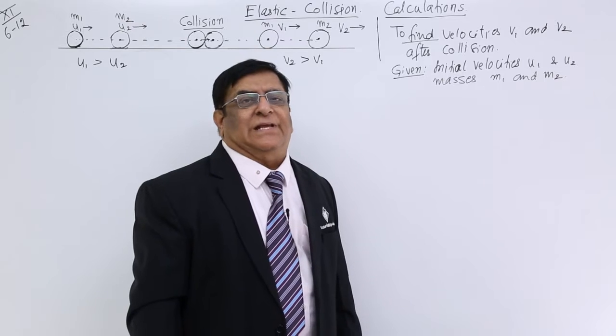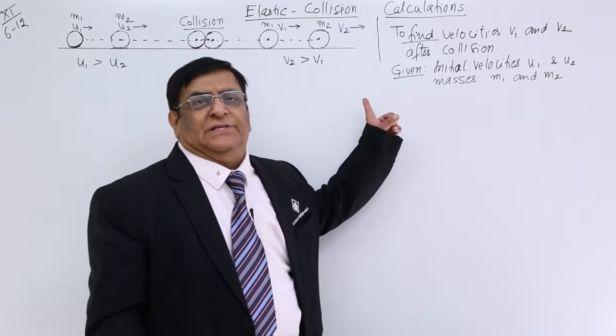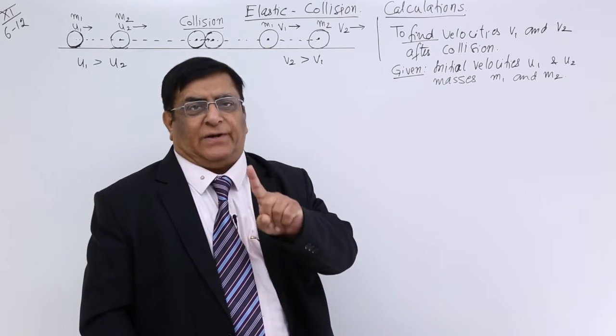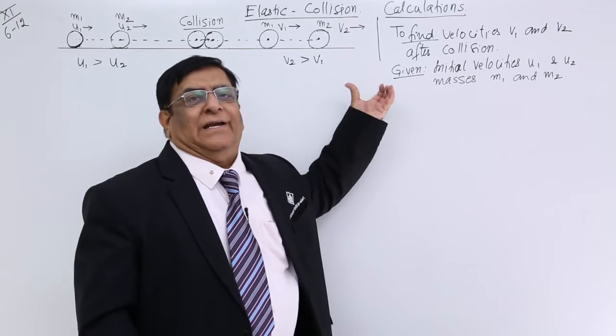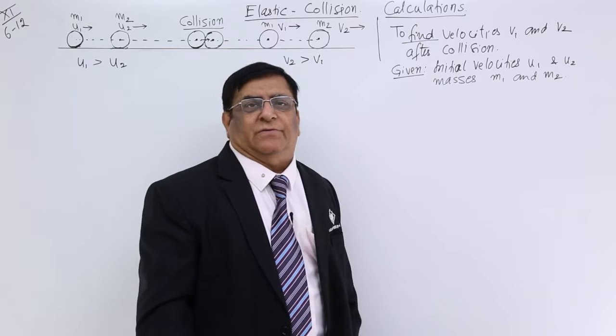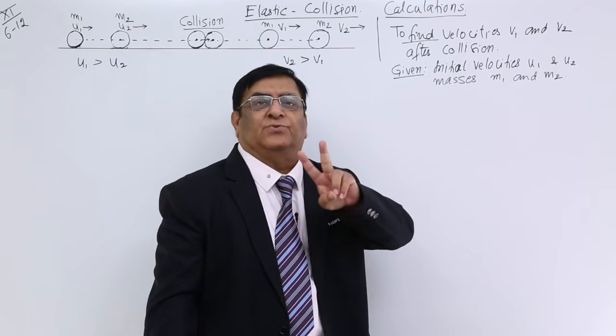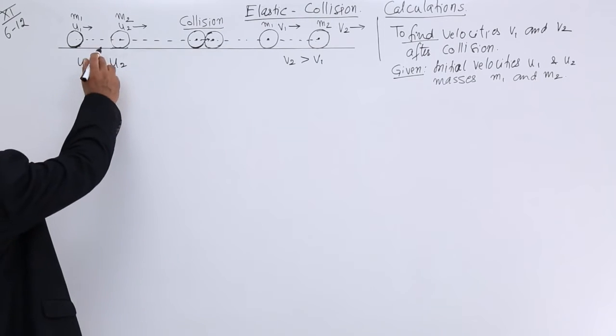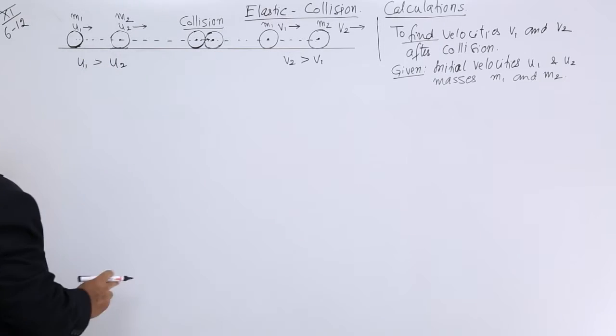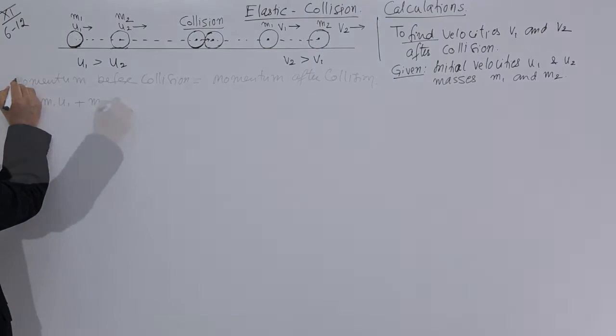The rules of physics tell us that if it is an elastic collision, number one, momentum is conserved, and number two, the kinetic energy of the system is also conserved. These two give us two equations. The first equation we get is the momentum before collision is equal to momentum after collision.